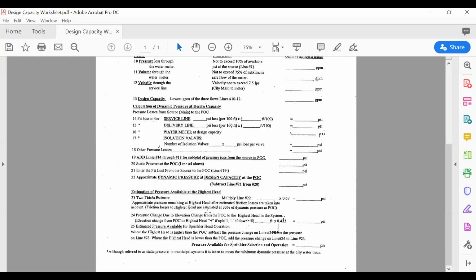Is that a pressure loss or gain? It's a pressure loss because we're going uphill. So we're subtracting that from 30.79.